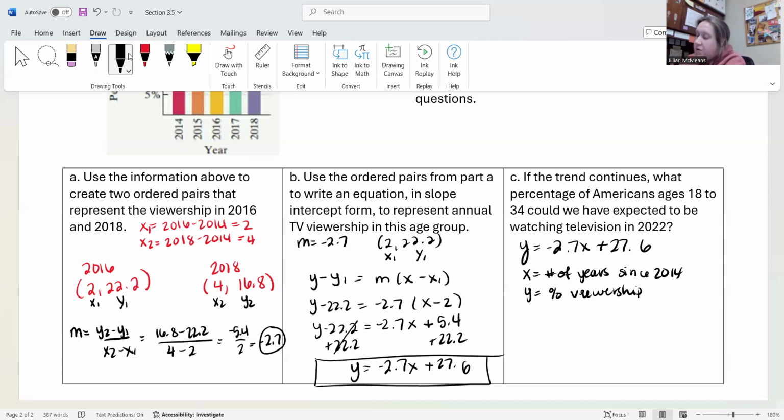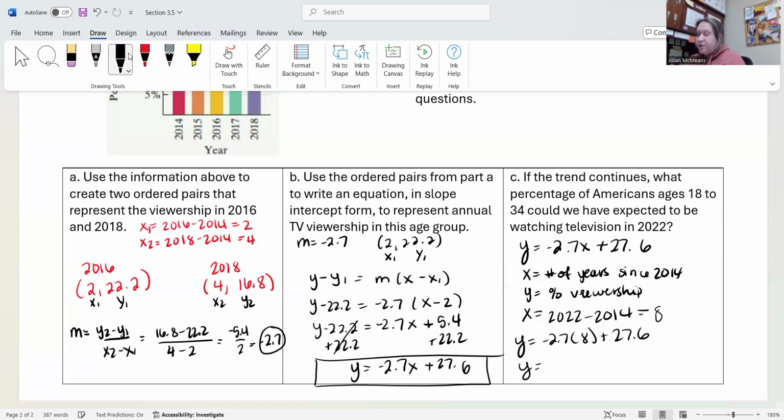So what we would need to do is figure out what is x. So x in this case is going to equal 2022 minus 2014, because remember, x is the number of years since 2014. So if I take 2022 and I subtract 2014, I get 8. So we're going to let x equal 8, and we're just going to plug that into this formula here. So y equals negative 2.7 times 8 plus 27.6.